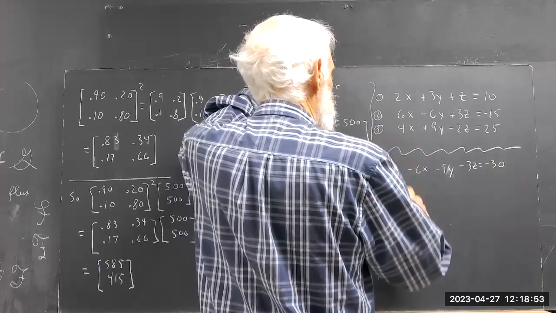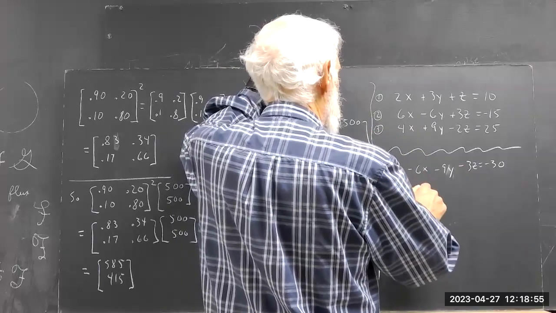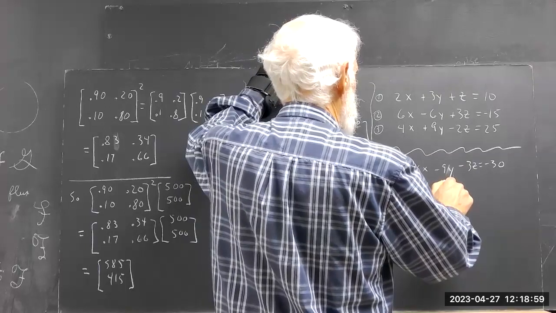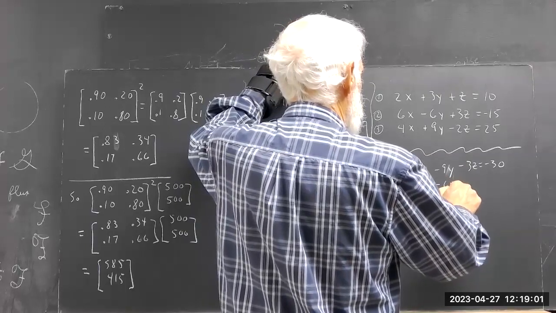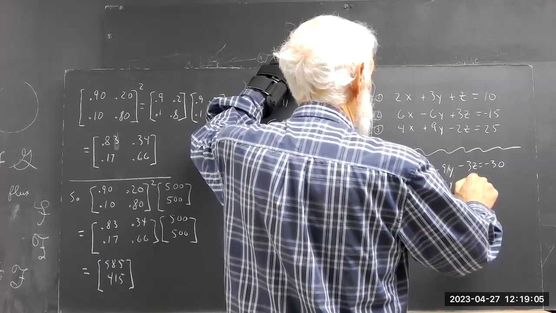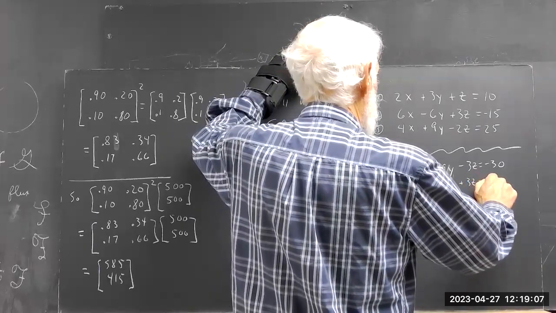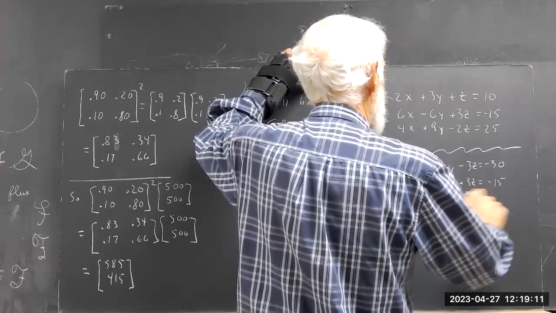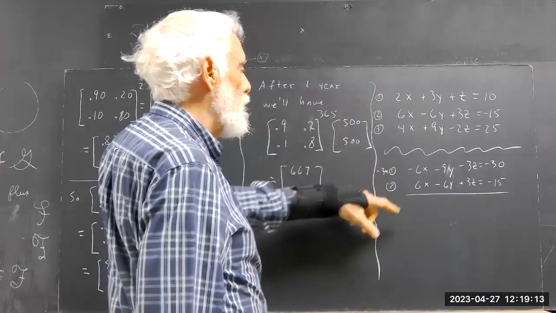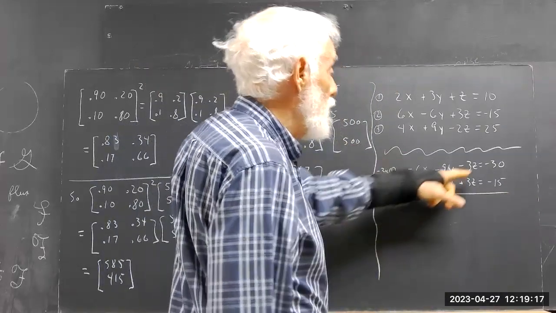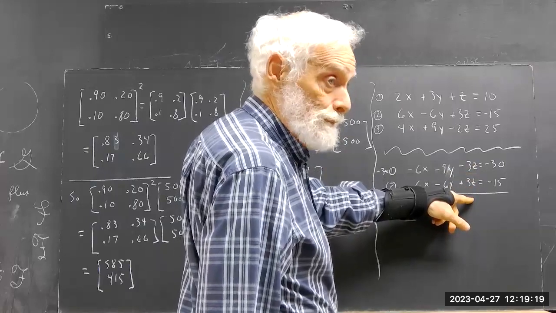And then I'm going to write the second equation: 6x minus y plus 3z equals -15. When I add these two equations, the x's go away as well as the z.